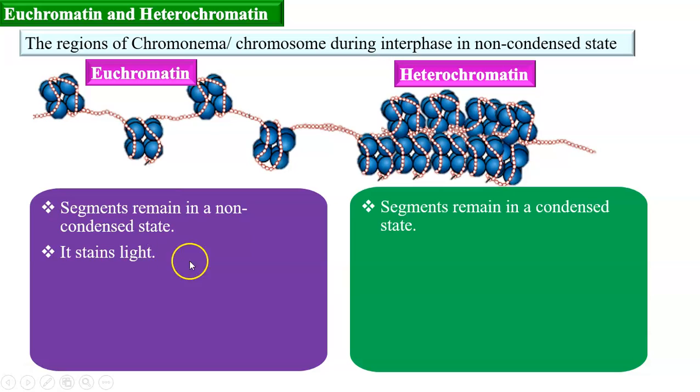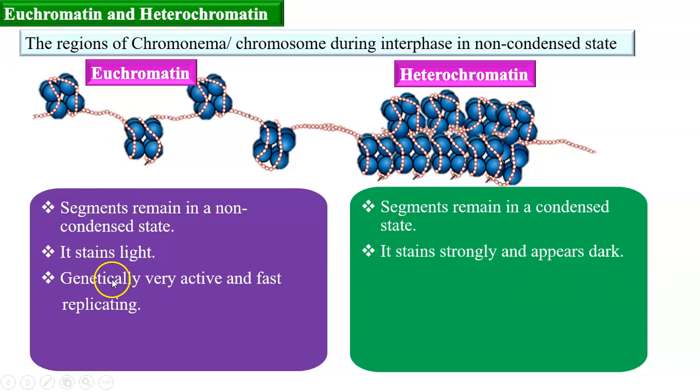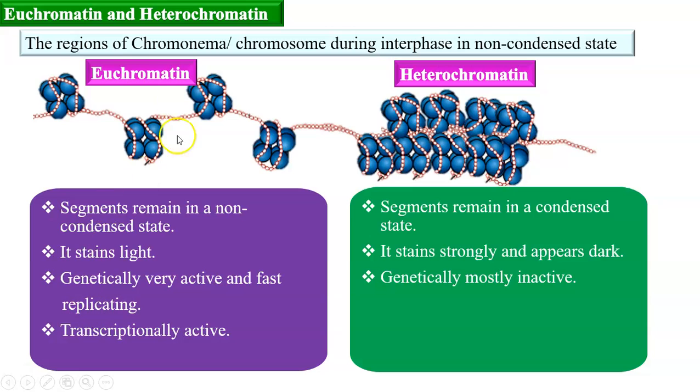The euchromatin stains light in color, whereas heterochromatin stains strongly and appears dark. The euchromatin is genetically very active and undergoes fast replication, whereas in the heterochromatin region, the replication is almost nil. It is inactive. The transcriptionally active region is euchromatin and heterochromatin is transcriptionally inactive.